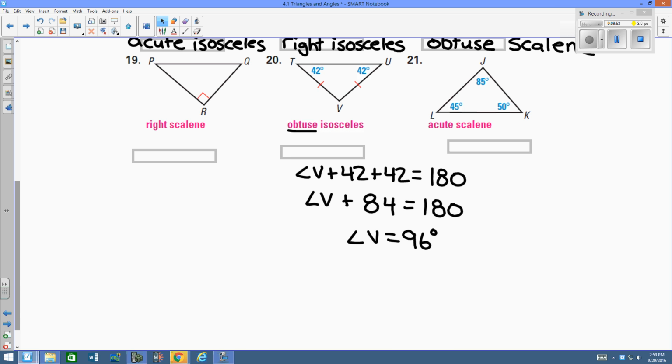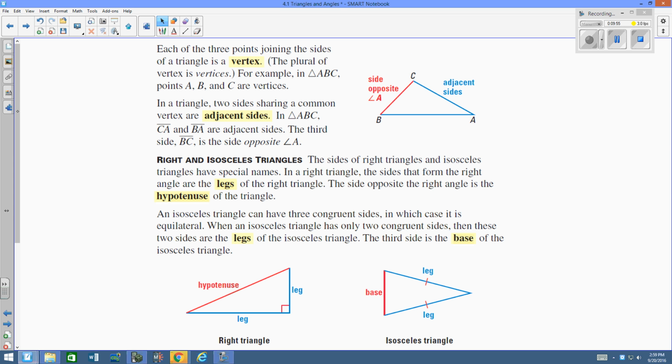Right. So back to our notes packet. If we're looking at angle A, right here, the sides that are next to it or touching angle A are called adjacent sides.